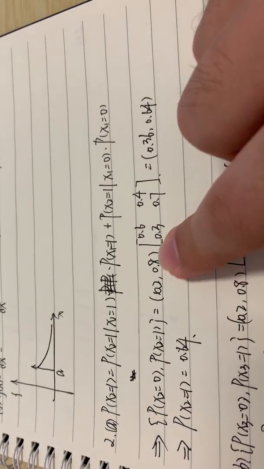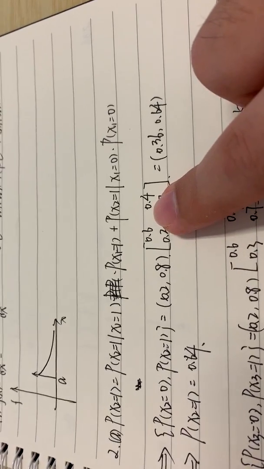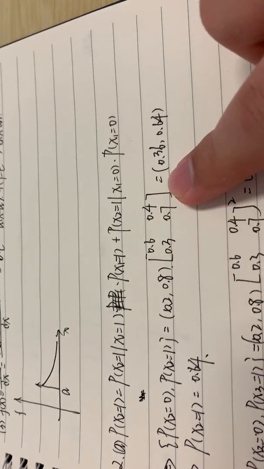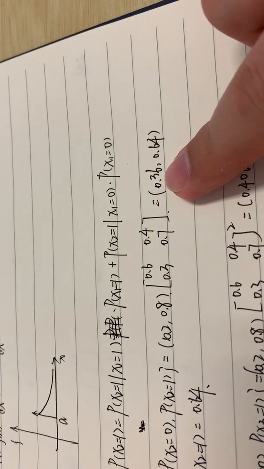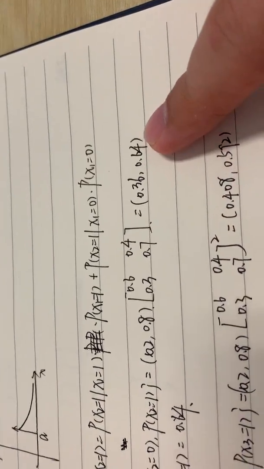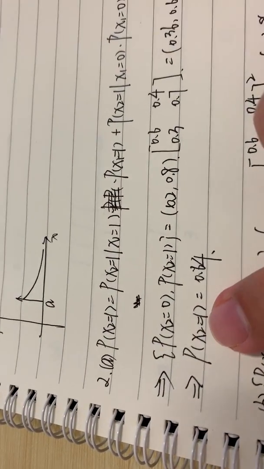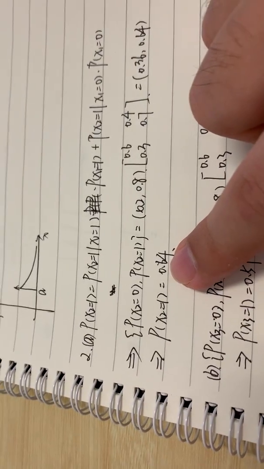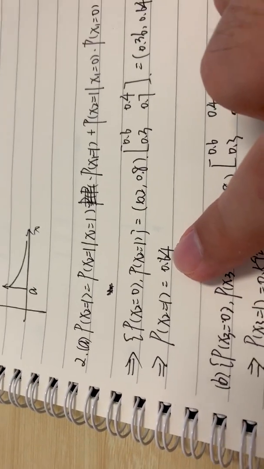We write it down like this, this is a vector, this is a matrix, and this multiplies and the result is 0.36 and 0.64. So the probability that x2 equals 1 is 0.64.